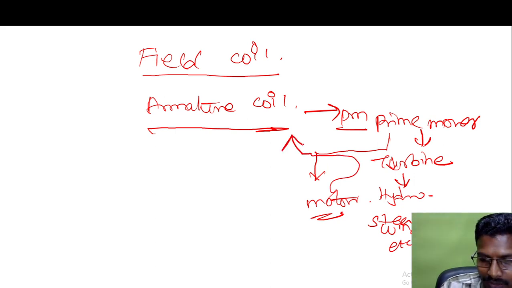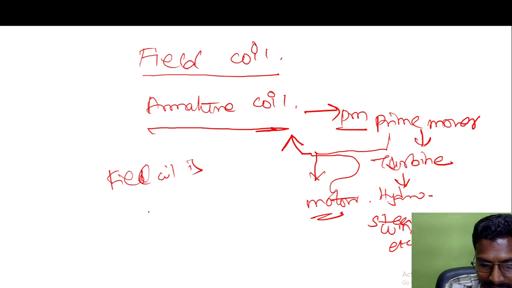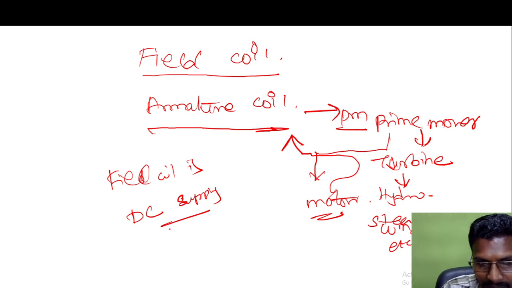If the field coil is excited by a separate DC supply, and the armature coil is connected to a prime mover, then it is known as a separately excited DC generator.